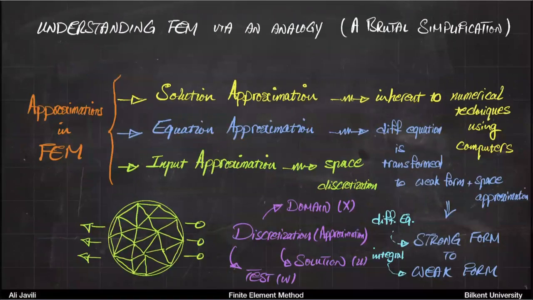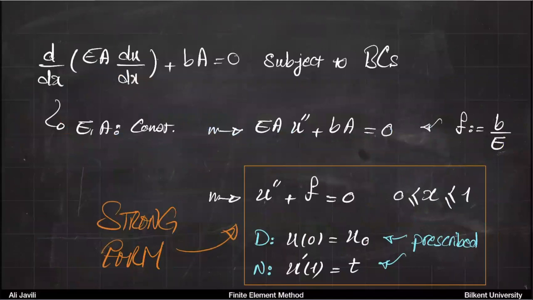We also mentioned there are different types of approximations inherent to the finite element method, so we talked about those, and also we mentioned this fairly simple strong form. So it's a differential equation, a second order differential equation, a very simple one with some prescribed boundary conditions. In this typical case, on the left-hand side of the domain, you have a Dirichlet type boundary condition.